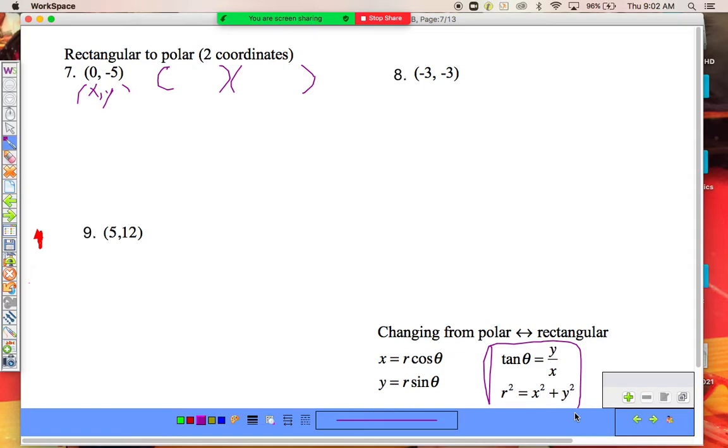So what I want you to do first is find me my r values by using r squared equals x squared plus y squared. And then find me a theta value, or theta values, if the tangent of theta is y over x. So find me the r, and then we're going to find the theta.